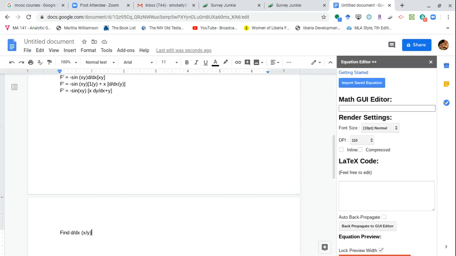So remember, this is the quotient rule, clearly, because that's a quotient, isn't it? If that's a quotient, then you're going to do this.